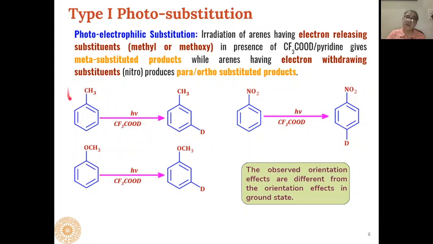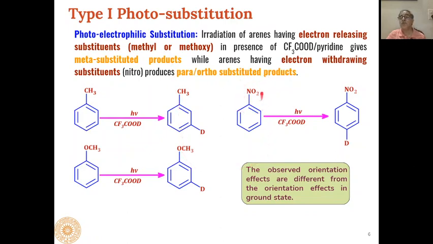So when the electron releasing groups are there, then this electrophile will act at a meta position. That means these electron releasing groups are meta directing in photoelectrophilic substitution reactions.